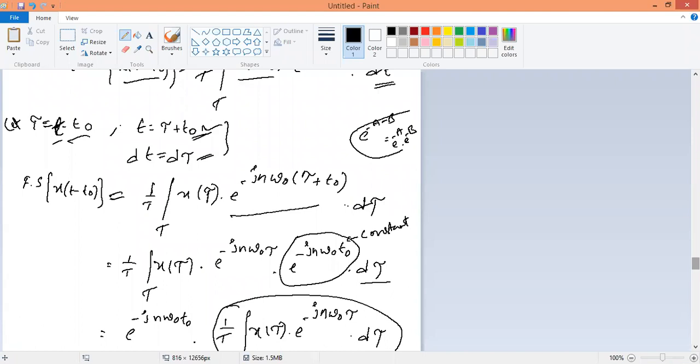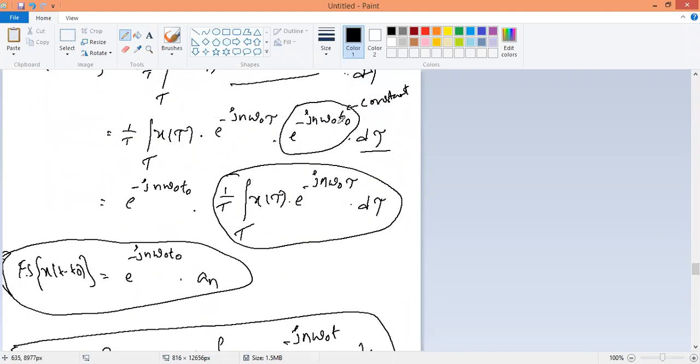Next, I am taking common this constant value e power minus j n omega naught t naught into 1 by T integral T x of tau into e power minus j n omega naught tau into d tau. Already we know this value. This value is a n. Fourier series of x of t minus t naught equals e power minus j n omega naught t naught into a n.